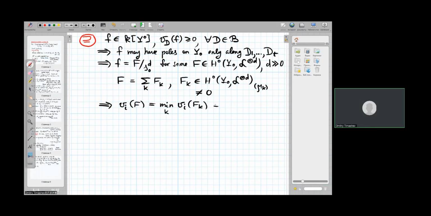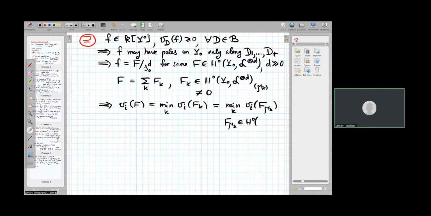This value is the same as the value. So again, minimum over k, the values at highest weight vectors in this irreducible submodule. Let me denote by f mu k the highest weight vector in this irreducible submodule of the space of sections.